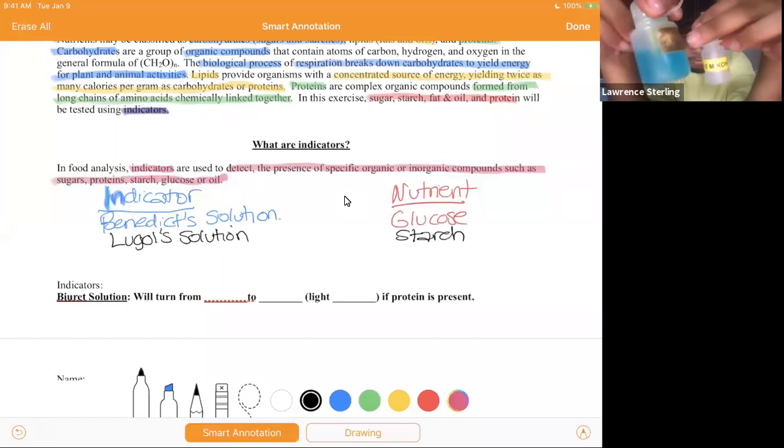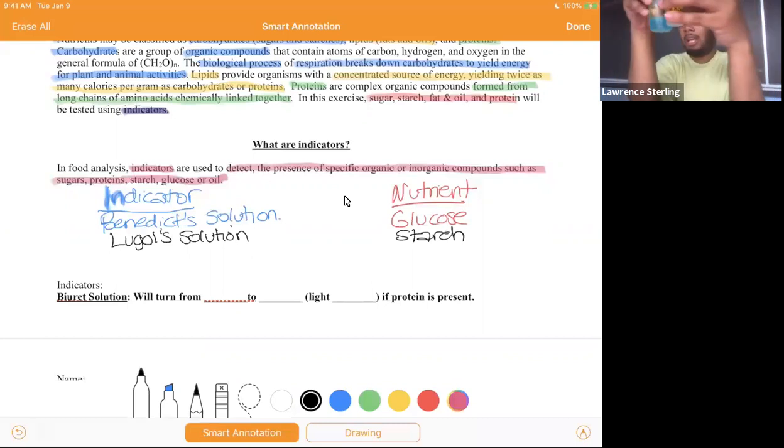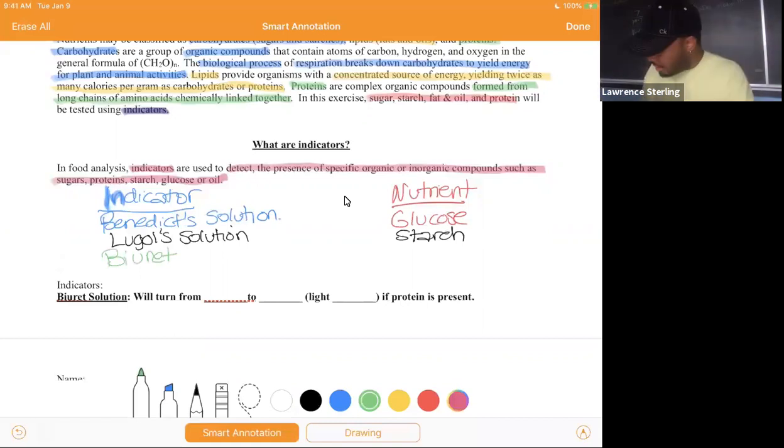And we also need to mix CuSO4, copper sulfate, together, and together, those are going to test for the presence of protein, all right? But what we call that indicator is Biuret, B-I-U-R-E-T, Biuret solution, and it tests for the presence of protein.